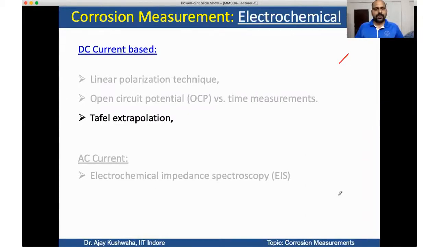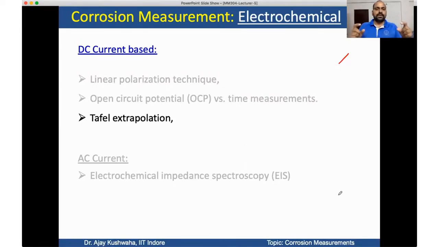So today we are again going to discuss electrochemical measurement methods for corrosion analysis. And if you remember our previous discussion, we have already talked about how electrochemical corrosion measurement can be divided into two categories.